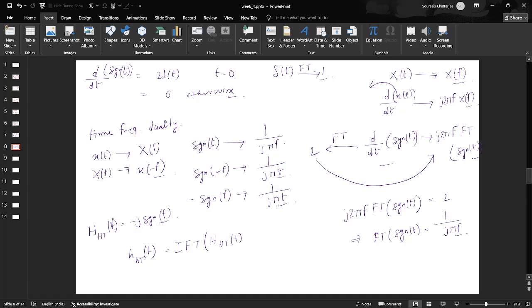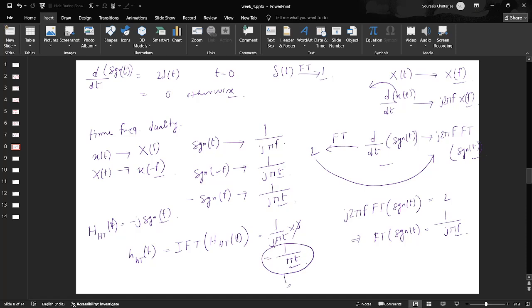Sorry, if I multiply here by j, I will get 1 over pi t, right? So that is 1 over j pi t into j, that is 1 over pi t. So this is the equivalent time domain response of the Hilbert transform.